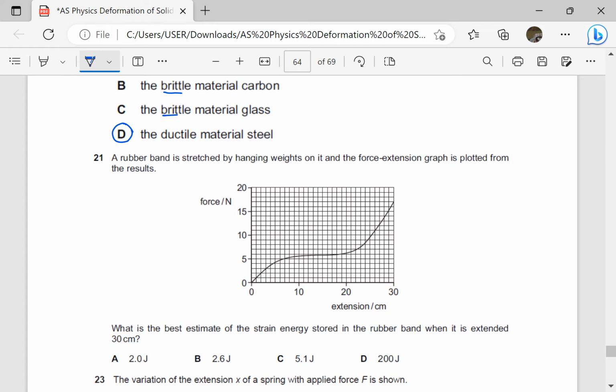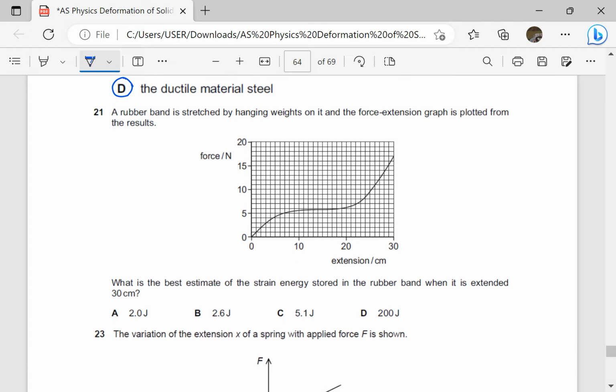A rubber band is stretched by hanging weights on it and a force extension graph is plotted. What is the best estimate of the strain energy stored in the rubber band when it is extended 30 centimeters? So we have done this similar question where I said, first of all, I could find the area of the upper rectangle up to this point here.